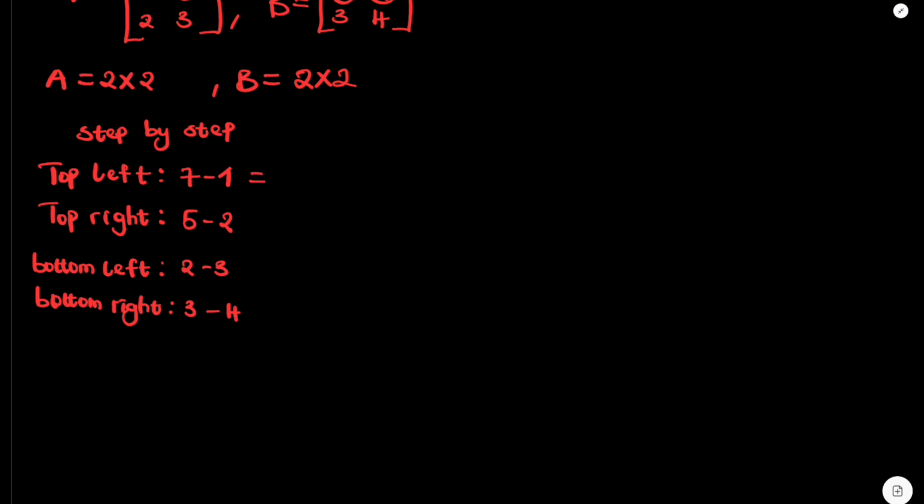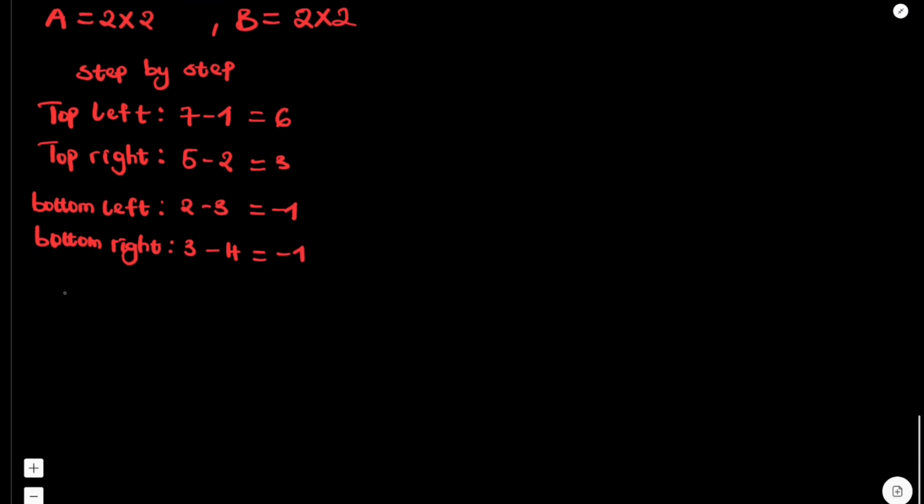So now we simplify. 7 minus 1, 6. 5 minus 2, 3. 2 minus 3, it's minus 1. And 3 minus 4, still minus 1. So from there we can conclude that A minus B. Now we place them back in their corresponding order: 6, 3, minus 1, minus 1.